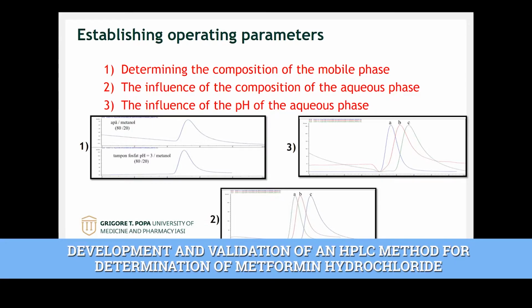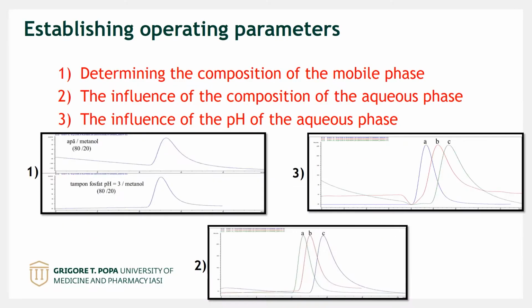When establishing the operating parameters, we took into account the establishment of the mobile phase, testing several systems: water, methanol, acetonitrile, water methanol. In one of the tests performed, a water/methanol mixture in the ratio of 80-20 was used. Through its analysis, an asymmetry of the peak is observed as well as a distortion of the baseline.